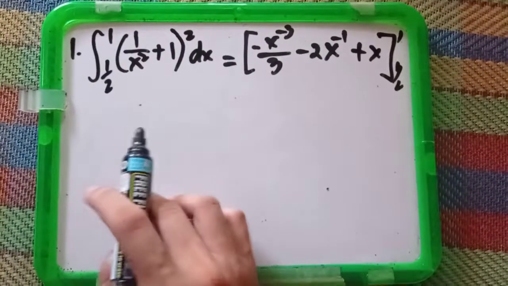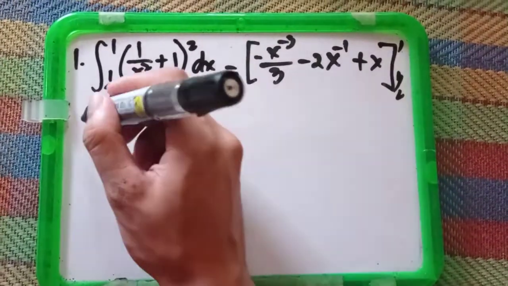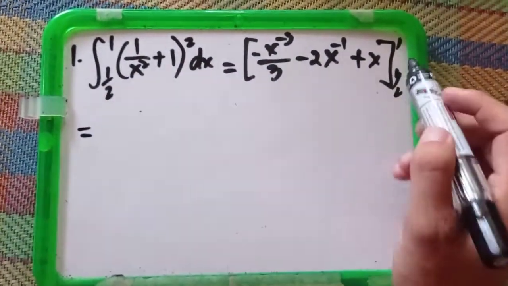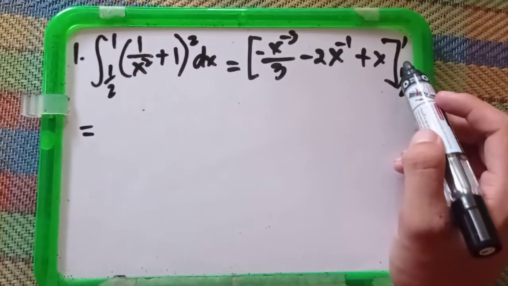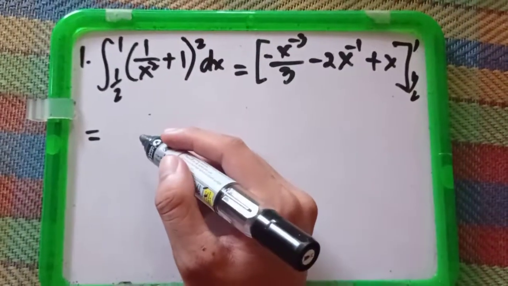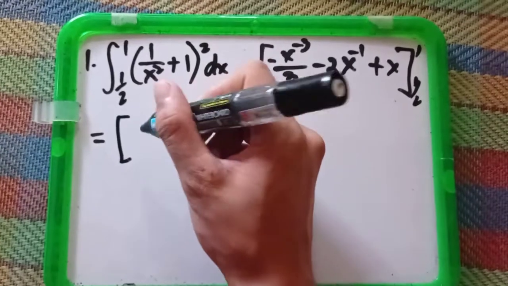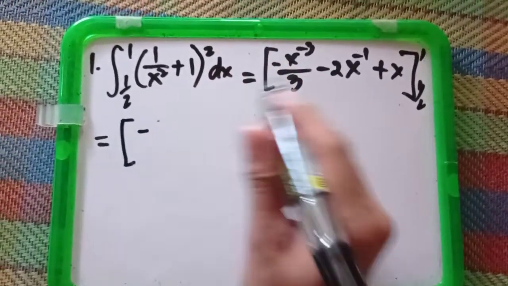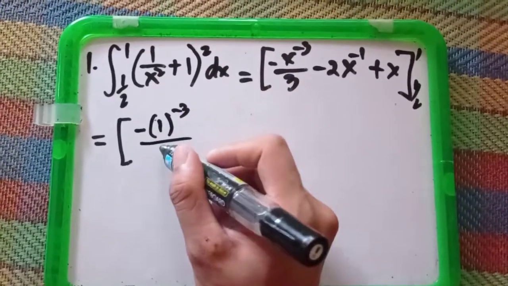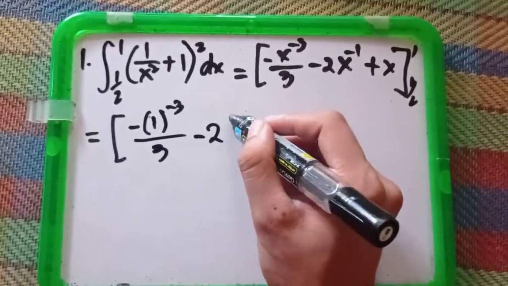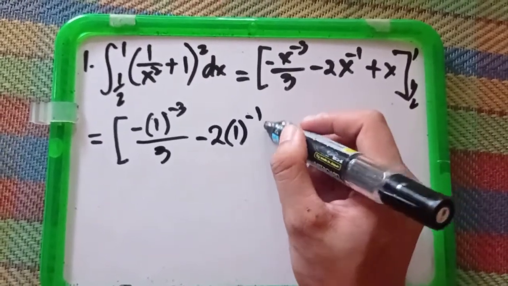So i-continue natin kasi wala nang space. And next is i-apply natin yung difference ng upper and lower boundary. So the upper boundary is 1 minus negative 3 over minus 2 and 1 to negative 1 plus 1.